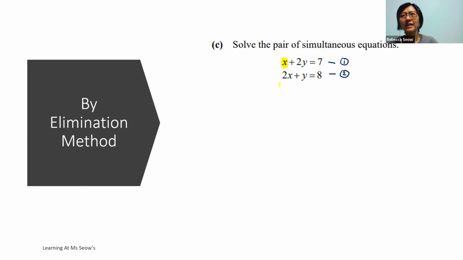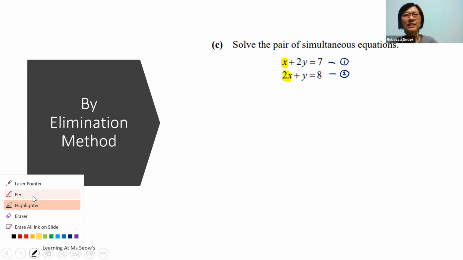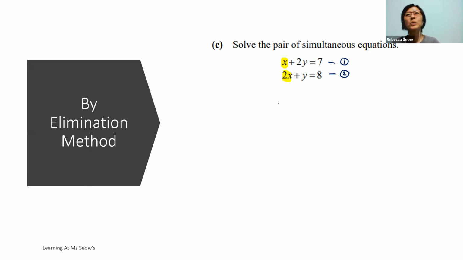Let's take a look. In the first equation, the x coefficient is 1, and in the second equation, the x coefficient is 2. To get rid of the unknown x, we make sure that both coefficients of x are the same.